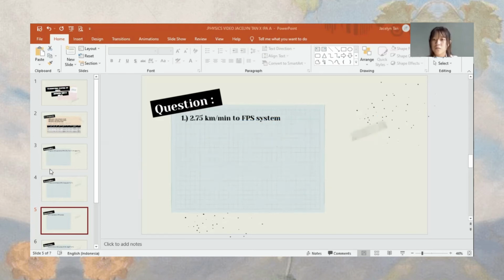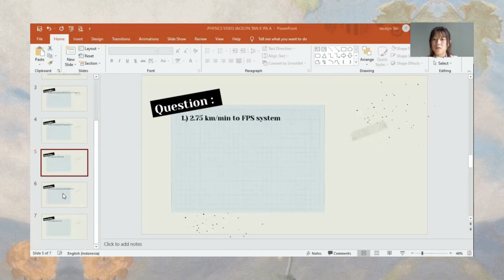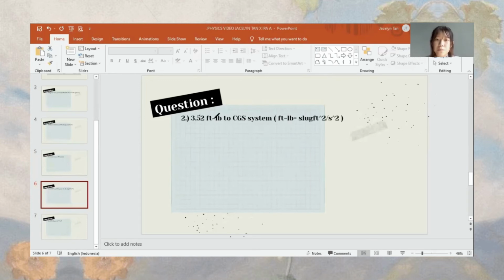Okay, next question. 3.52 foot-pound to the CGS system. And foot-pound is equal to slug feet squared per second squared.